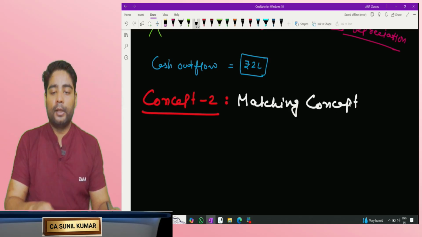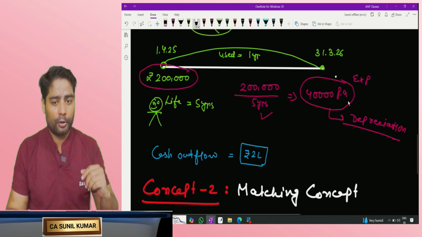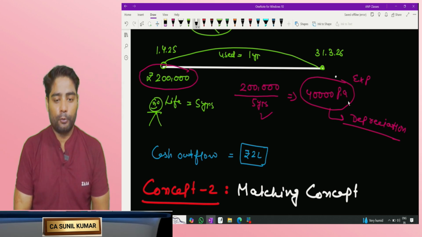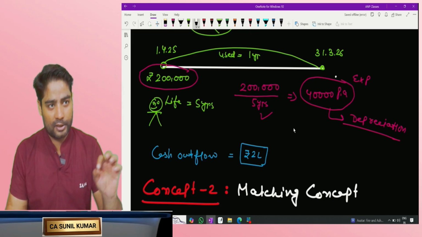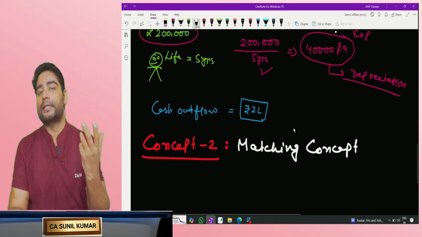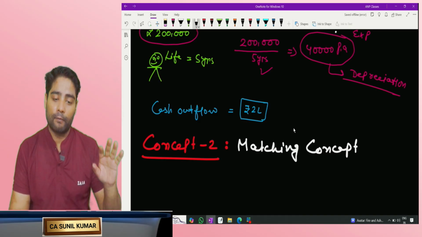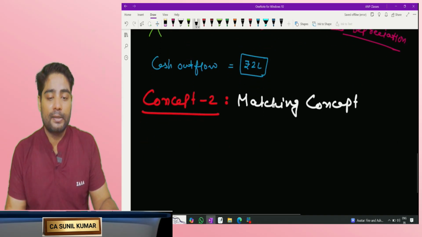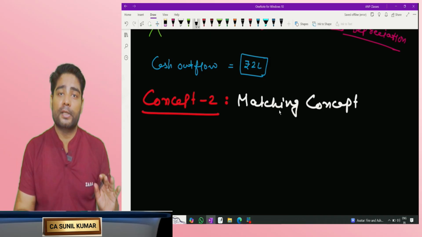Because if I tell you that you should spread the cost according to the life, you will say okay sir, we will do this, and we'll write the accounting as depreciation as an expense. But the question is, why do accounts say that, why we spread the value of asset? So the answer for that is matching concept. Okay, so what is matching concept?